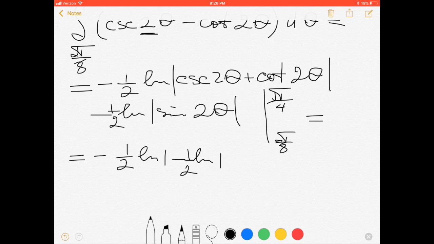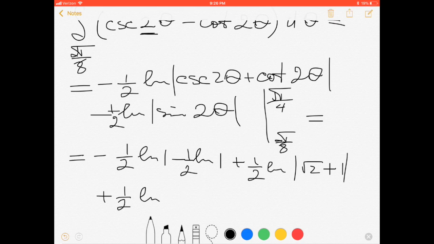Then we plug in pi over 8 and subtract. This means we have plus 1/2 natural log of square root of 2 plus 1, plus 1/2 natural log of square root of 2 over 2. Remember, natural log 1 is 0.